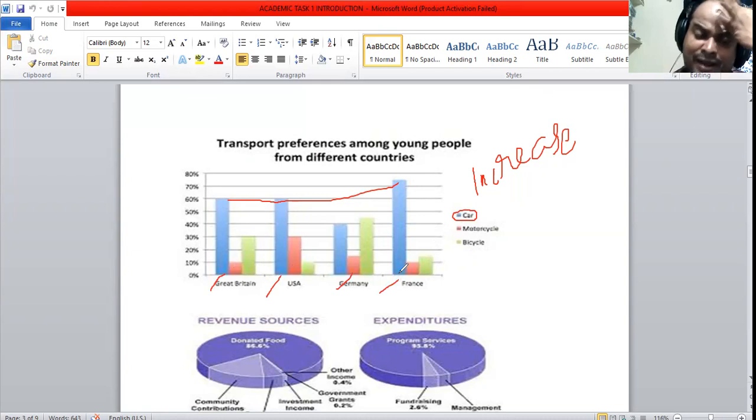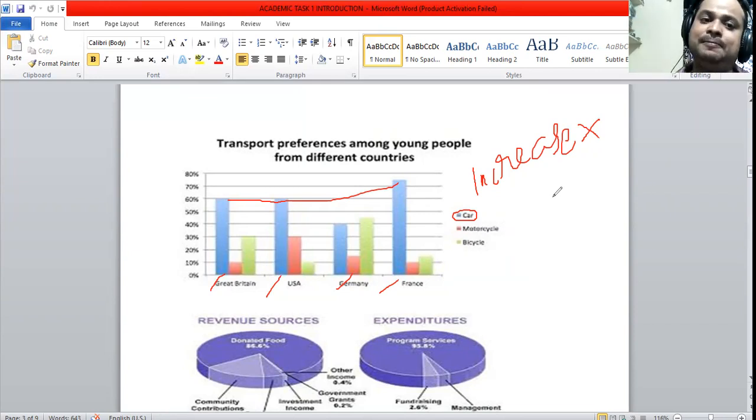This is not increasing at all, and not decreasing at all, so I cannot use a change word here. In the line graph above, I used the change word increase, and I said how it is changing.